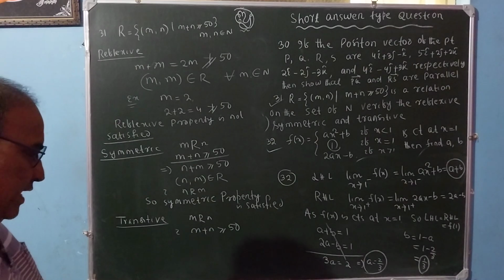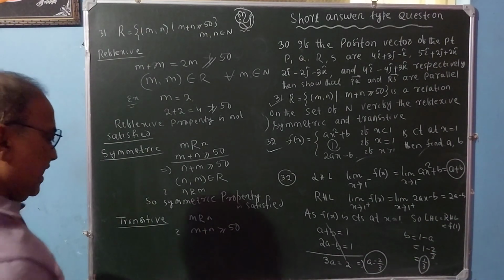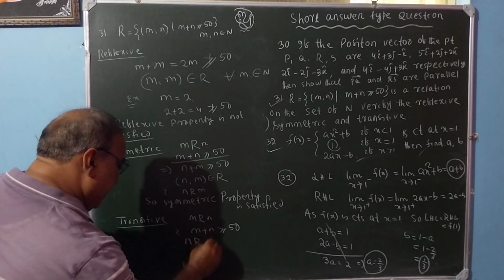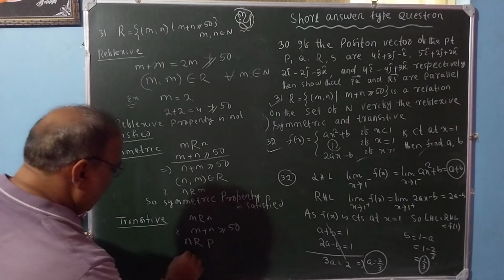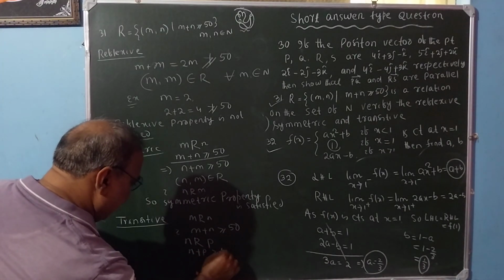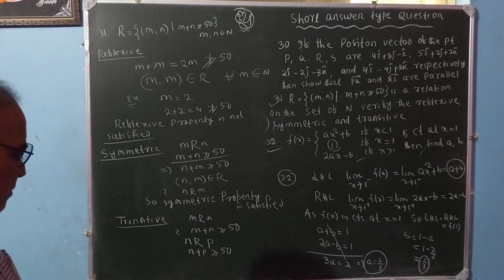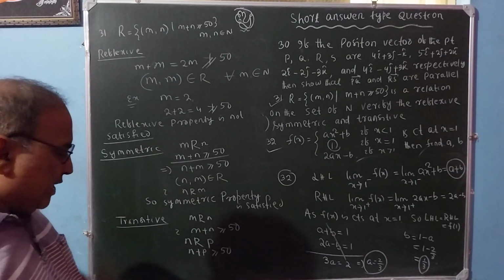Then n related to p, so n plus p is also greater than or equal to 50. Now our aim is to show that m is related to p.